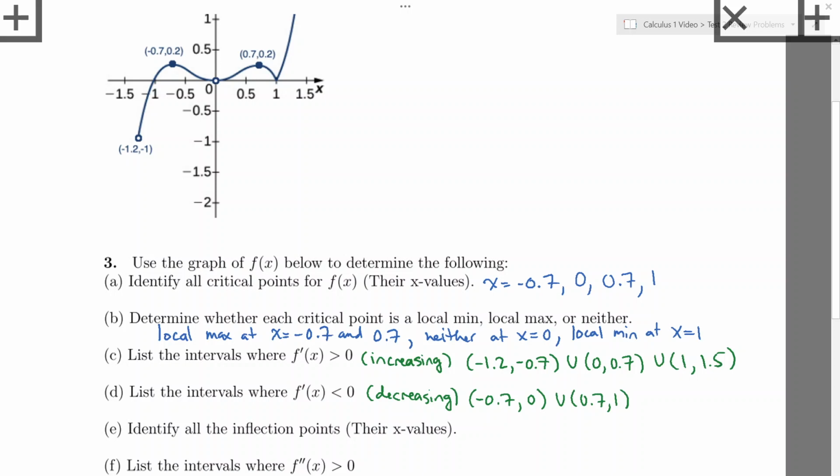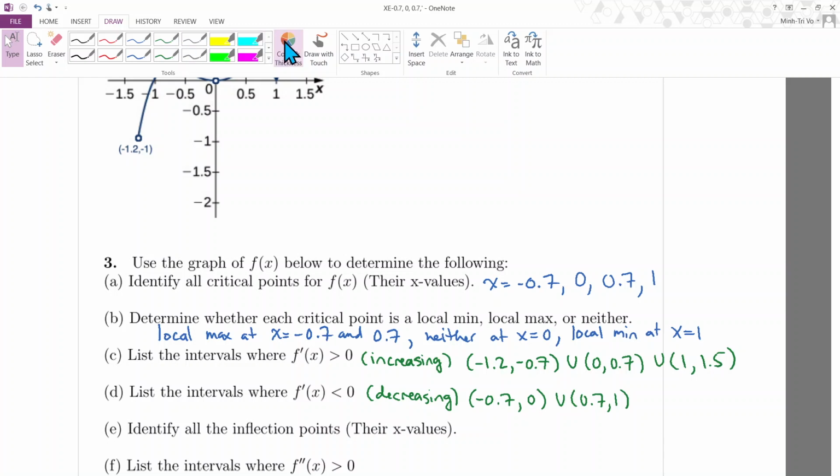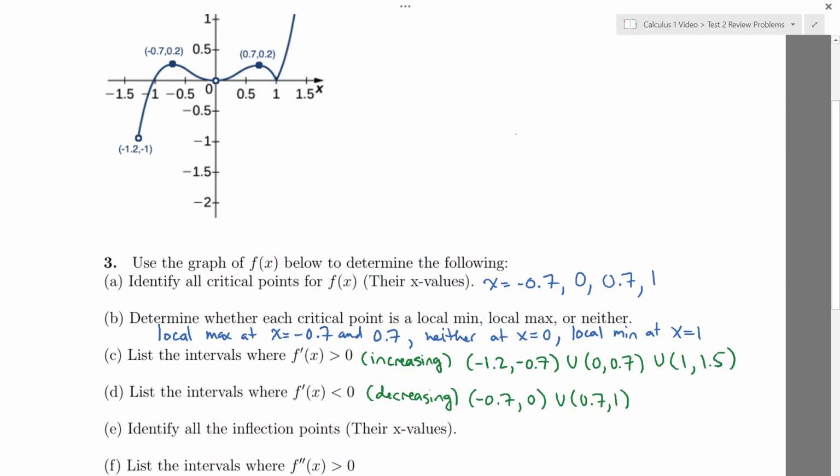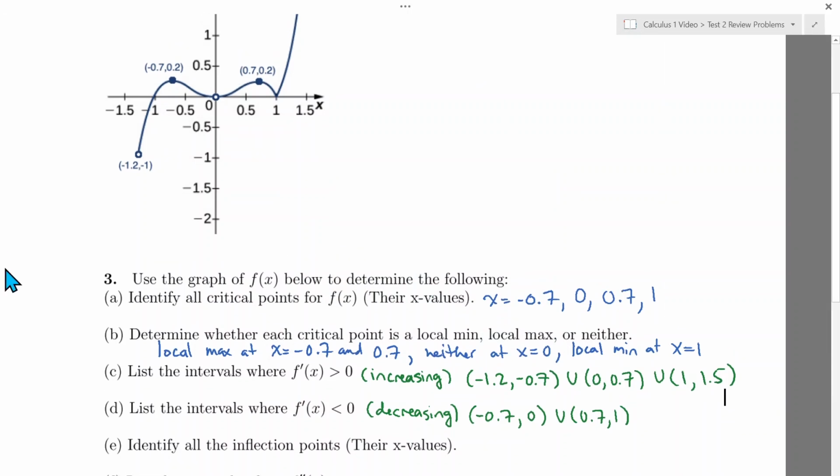Okay, so those are where it's increasing and decreasing. Next we're going to look at inflection points and concave up, concave down. The inflection points are essentially where it changes curvature, right?